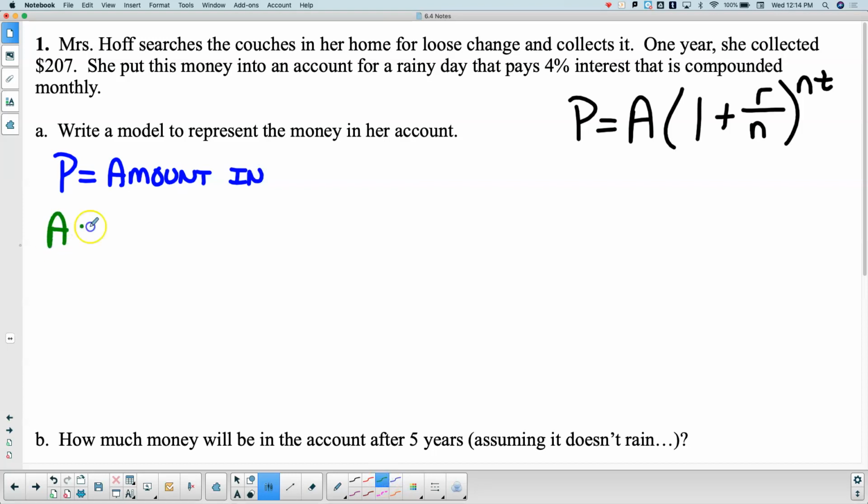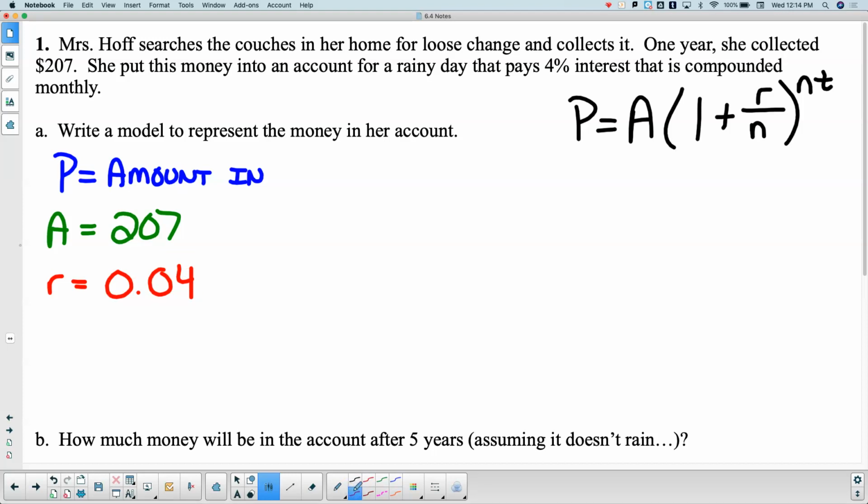So how much money did she start with? 207. R is going to be our interest rate, 4%. So in terms of a decimal, what would 4% be? 0.04.